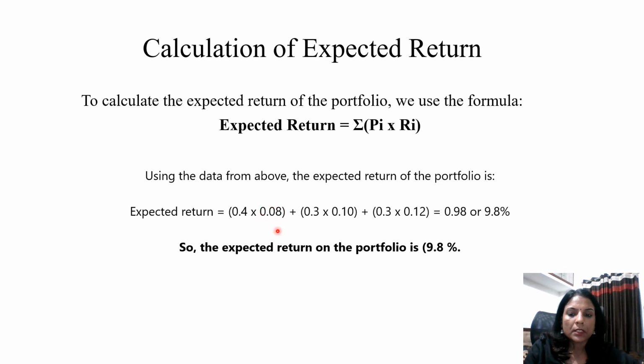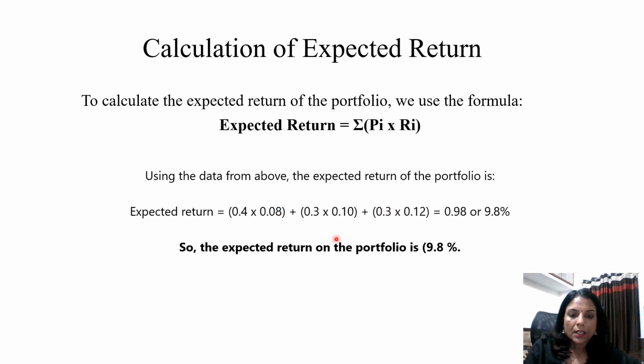Here I have converted 8% as 0.08, 8% divided by 100, or you can directly multiply 0.4 by 8 also, the result will be the same, plus 0.3 multiplied by 0.1, that is the 10% return, plus the last security, that is security Z, was 0.12, 12% return having the probability of 0.3.